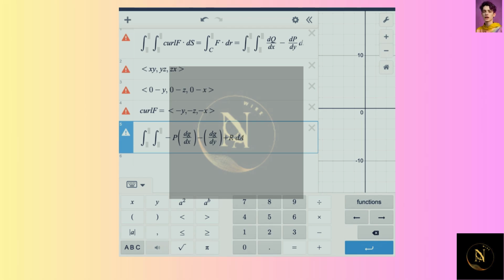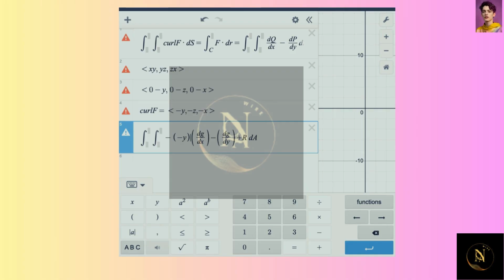What we'll end up getting as a result will be a negative y, and this is going to be the curl of F dot dS.